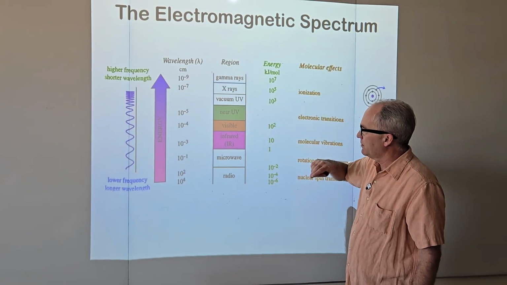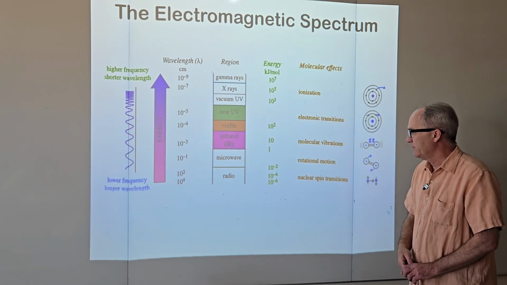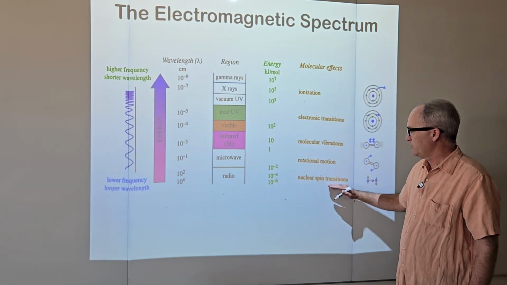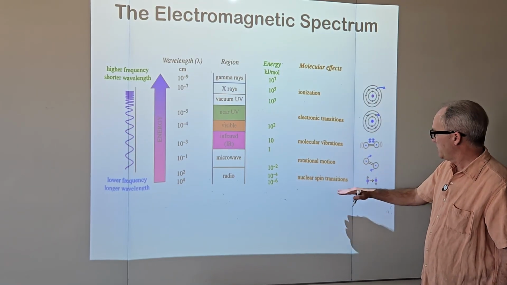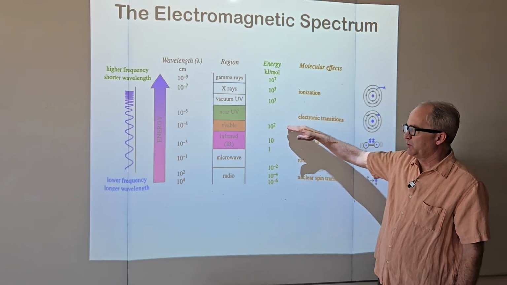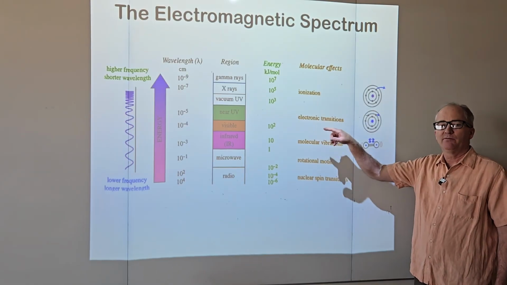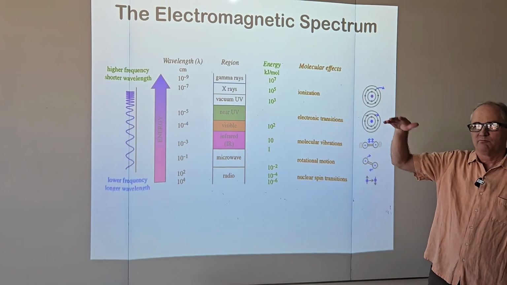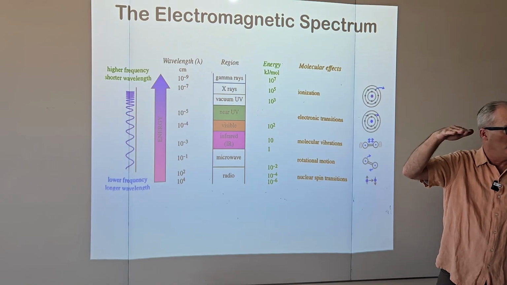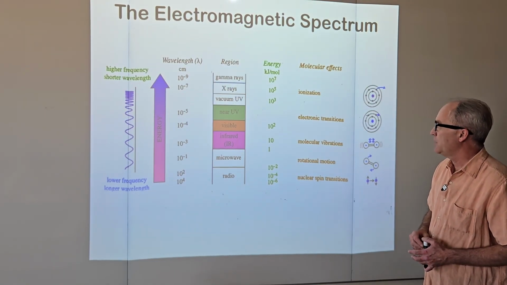Then infrared, microwave, and radio wave. So in the radio wave regime, nuclear spin transitions occur between up and down in a magnetic field. Visible has a lot of electronic transitions, electrons moving from n equals 4 down to n equals 2 principal energy levels, quantum number n.